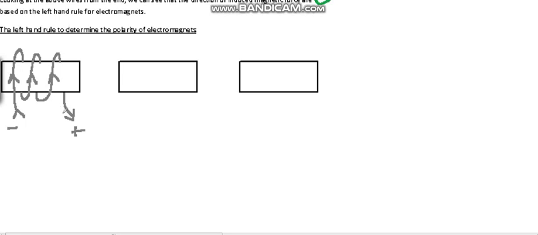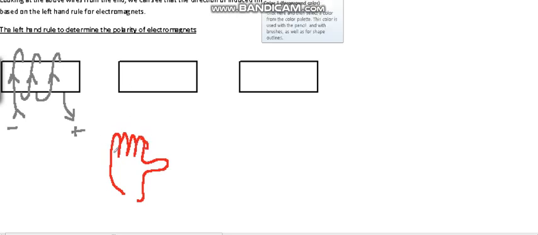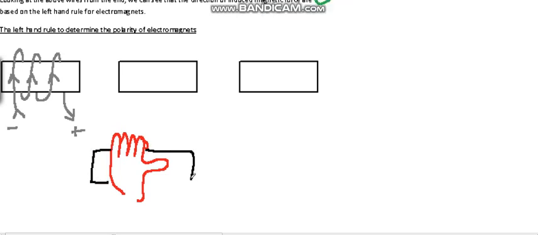So we use the left-hand rule again. And what we do for electromagnets is you take your fingers and you wrap them around that coil like that. You can laugh at my hand drawing, that's fine. So I've got my coil here like this, and I'm taking my fingers and wrapping them around it like that.